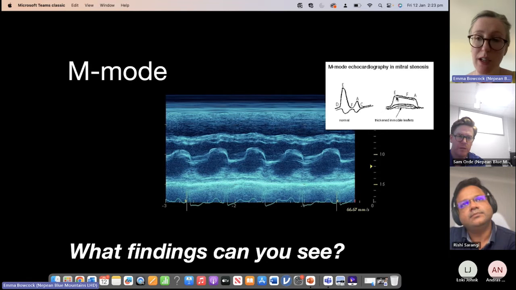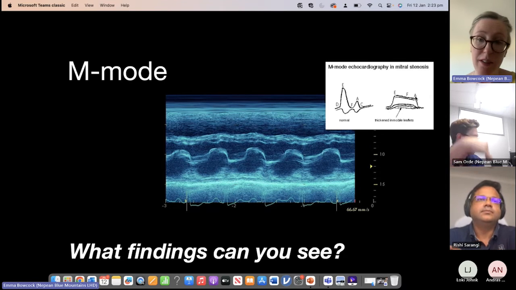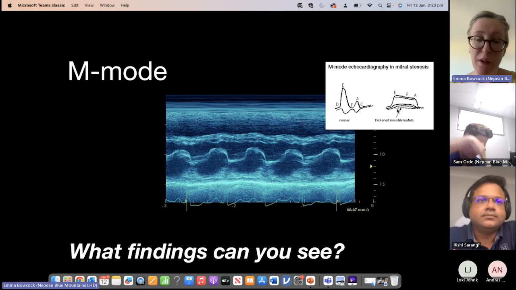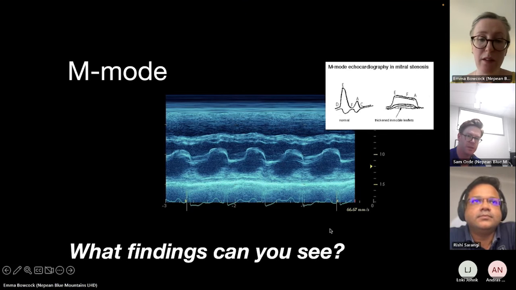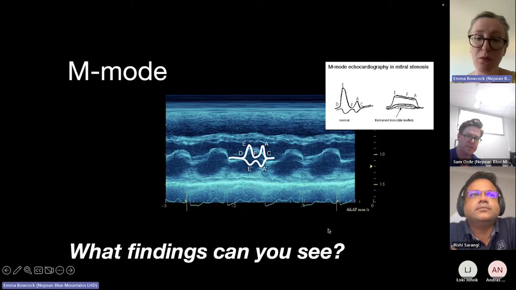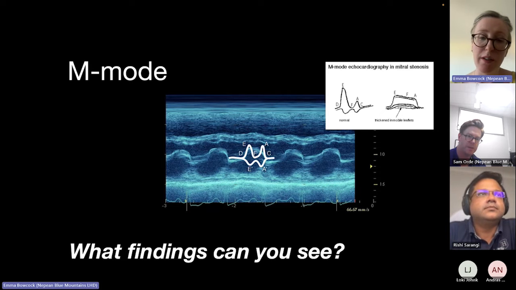In mitral stenosis, you get this reduced EF slope, and obviously if they're in atrial fibrillation, you don't see the A wave as well. And the leaflets themselves tend to be thickened and immobile, so you don't see that lovely normal pattern. Nice. And that's what the normal should look like.